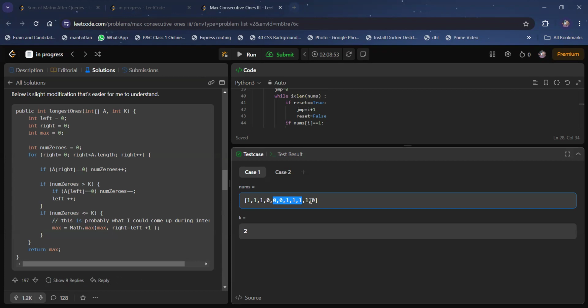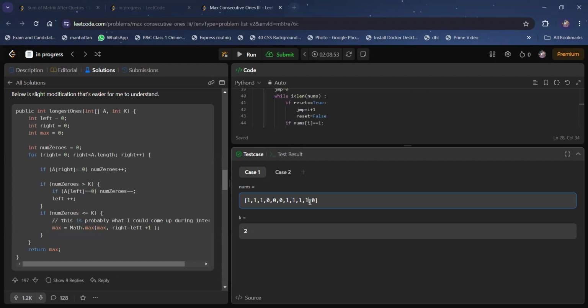But what happens if I get here? I again see a 1. After seeing a 1, I check whether a[right] equals 0. No, the number of zeros still remains just 2. Is the number of zeros greater than k? No, it is equal to k. So I enter here.